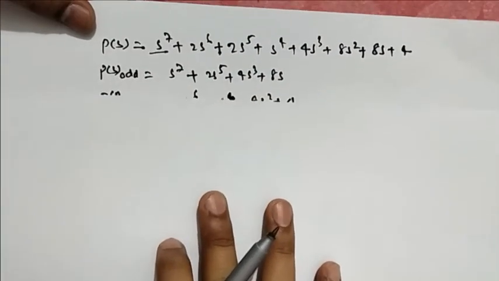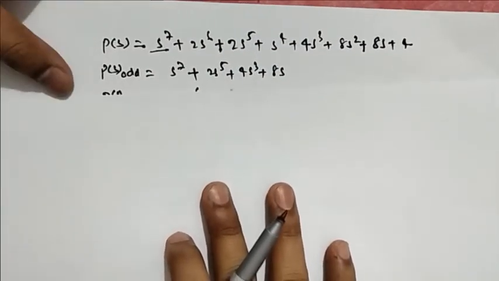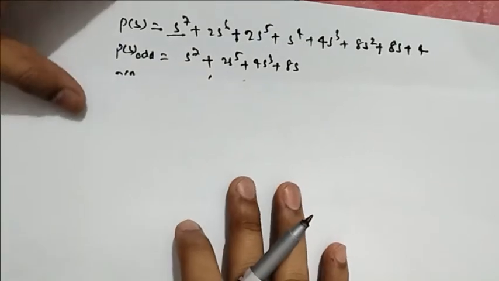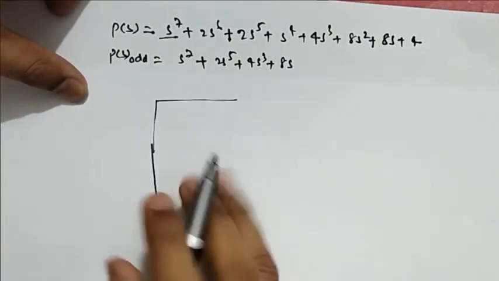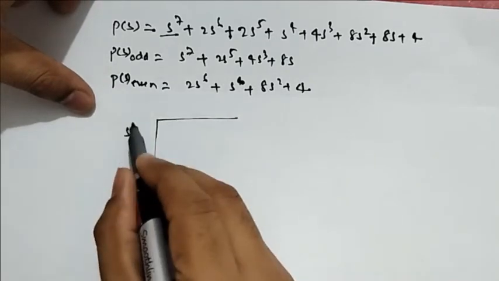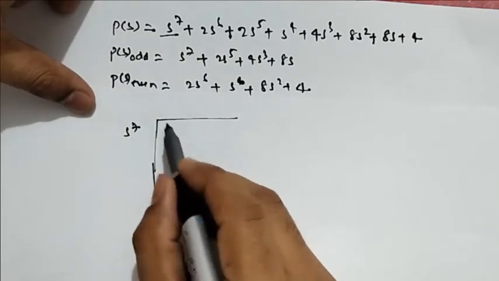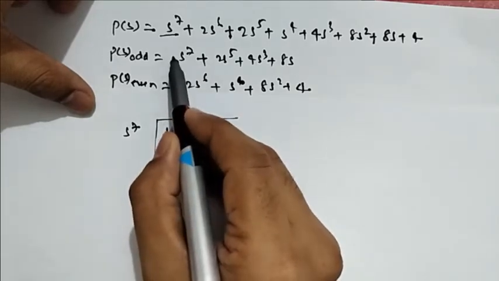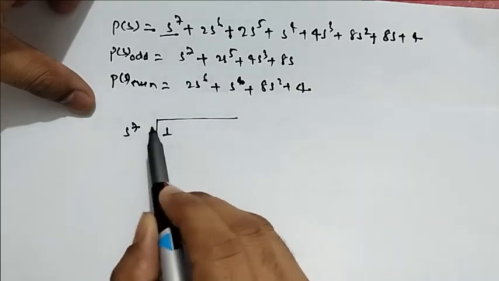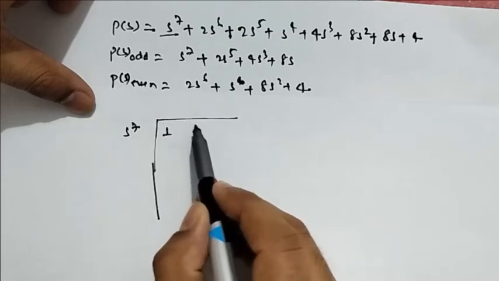I am just taking this, and if I write this Hurwitz polynomial, then what will it be? P odd: s to the power 7, first coefficient 1, then s to the power 5, the second one, 2 lesser, that will be 2.